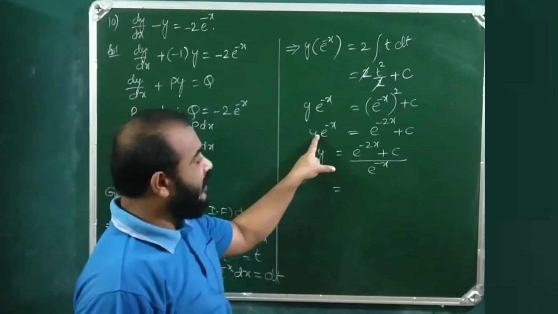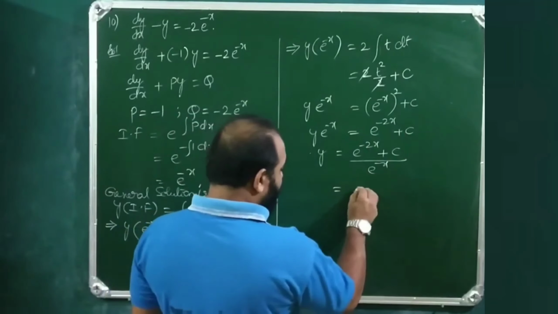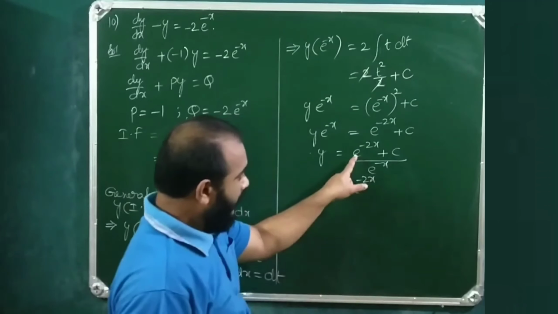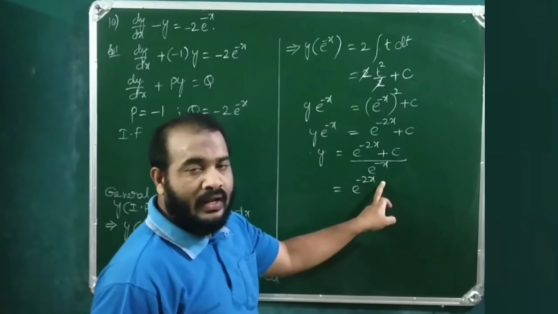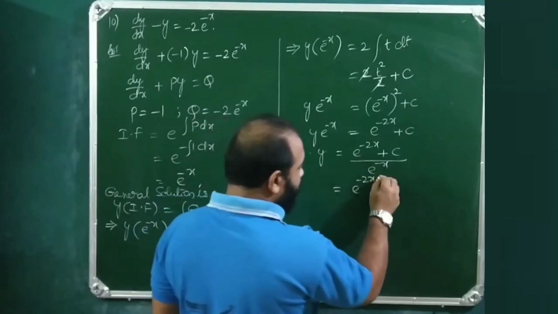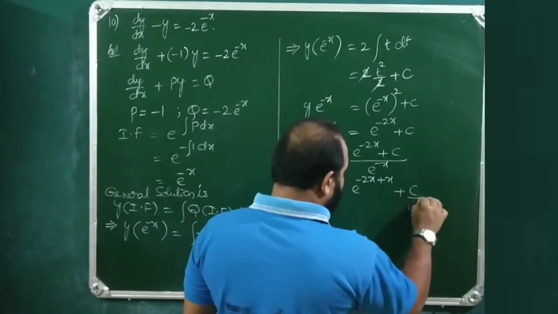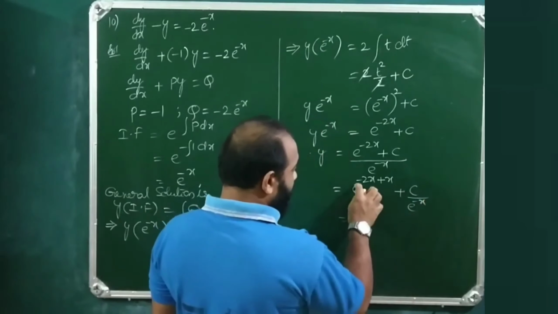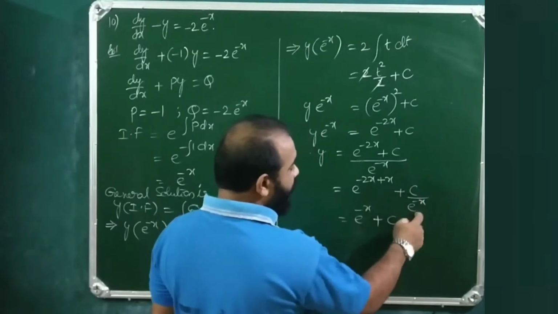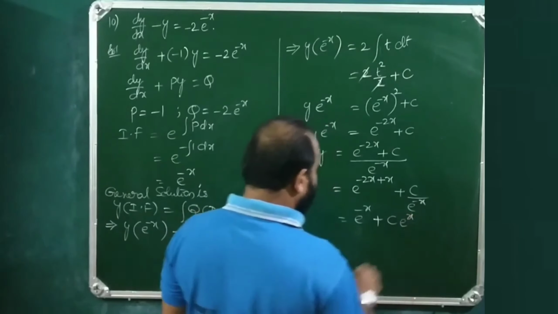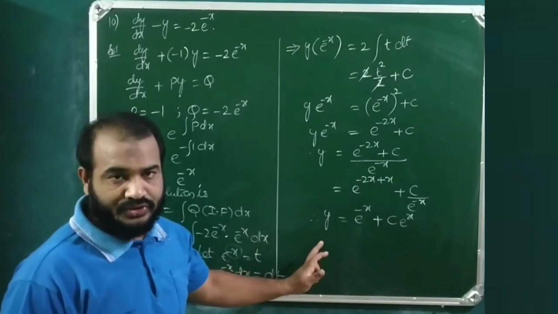Since it is multiplying, it becomes dividing with these terms. Now e power minus 2x by e power minus x: a power m by a power n is a power m minus n, so minus 2x minus of minus x, giving e power minus x, plus c by e power minus x. 1 by e power minus x is e power x. So y equals e power minus x plus c e power x. This is the required general solution.